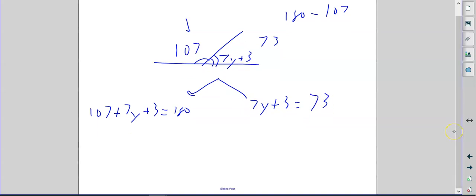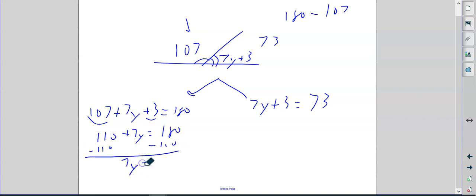Now, I'm going to get the same answer no matter what. So over here on the left side, I'm going to add my like terms again. Remember, I'm not moving anything until I'm simplified. So that's 110 plus 7y equals 180. Yeah, 110. Now I'm going to subtract 110.